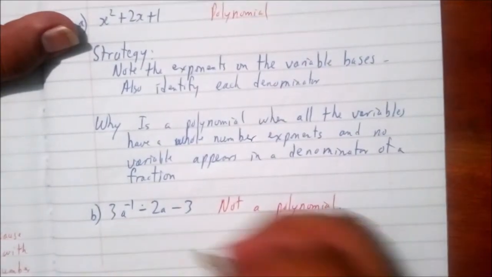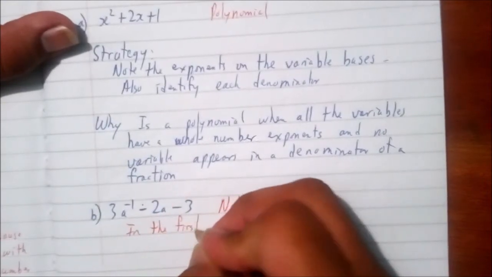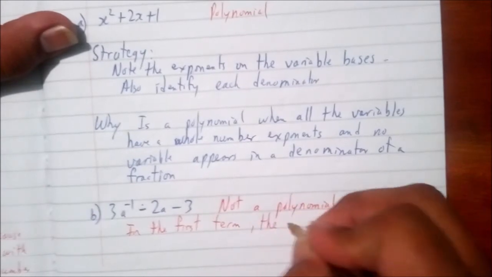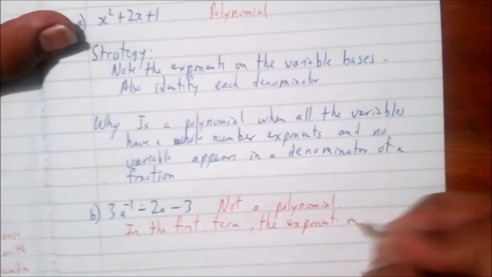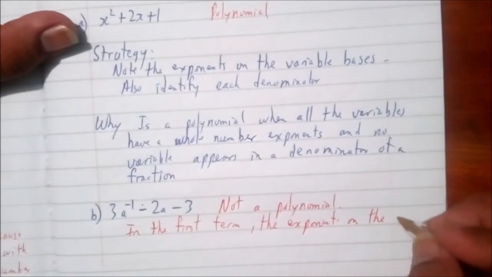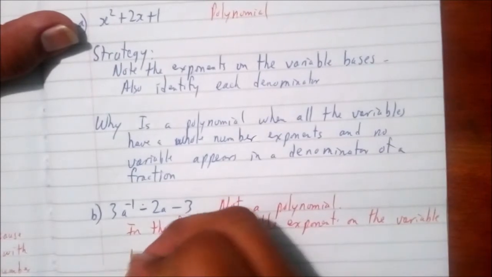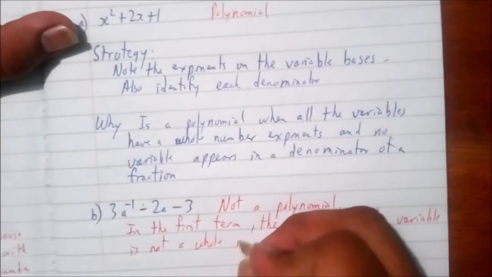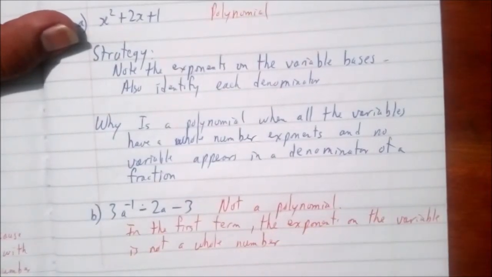In the first term, the exponent on the variable, is that a whole number? No. Because it's not a whole number, it does not fit the description of being a polynomial. Okay, go to our next example.